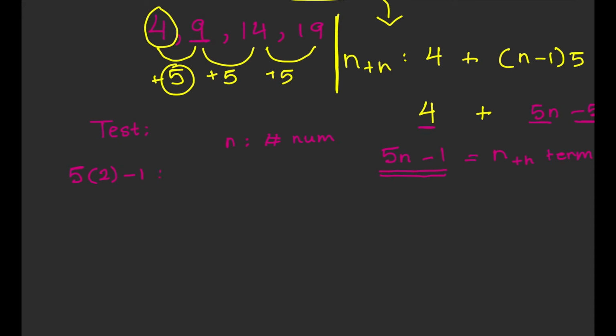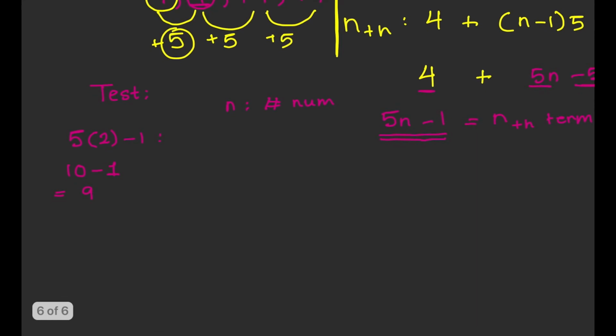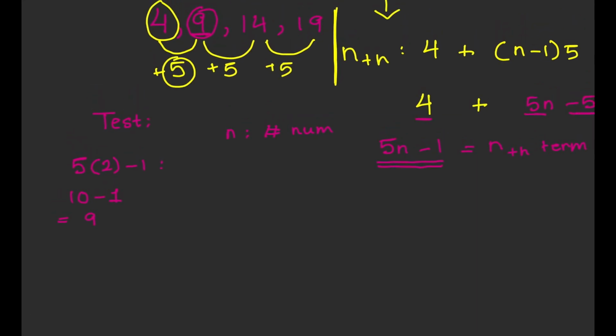So that's 10 minus 1, which is equal to 9. And that is what we're getting all the way here. Now let's test one more for a double proof. Let's take our third term and apply it to our formula. We're supposed to get 5 into 3, 15, minus 1 is 14. And that works as well. So now we can prove that this formula works.